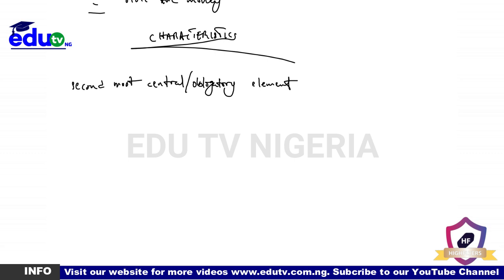So the subject is one of those elements that in most sentences cannot be done without. So the subject is the second most central or obligatory element in the English clause. That means that every other element you may do without, but the subject is almost always present in a sentence. Do you get it?